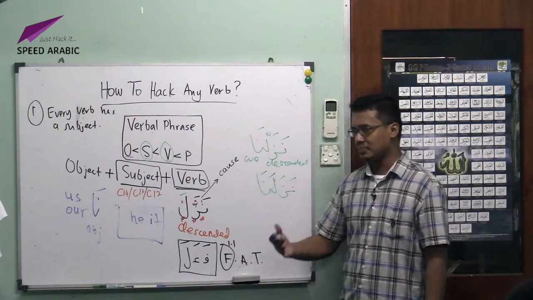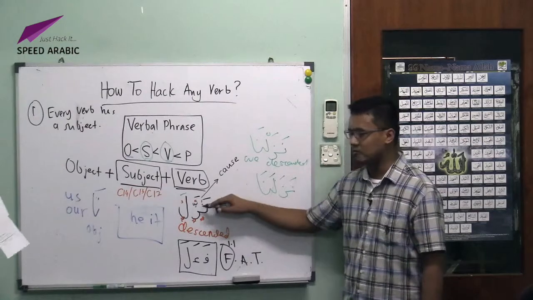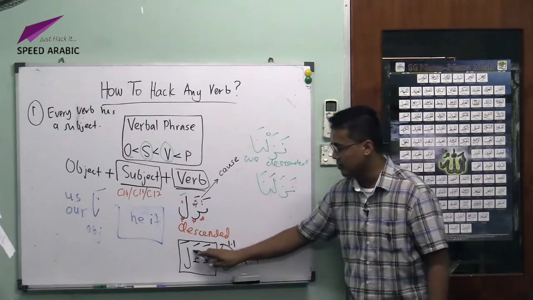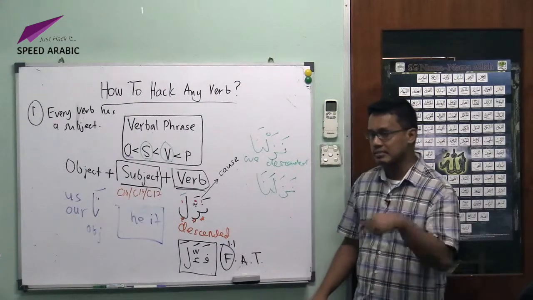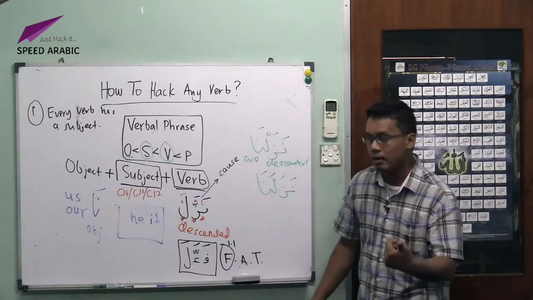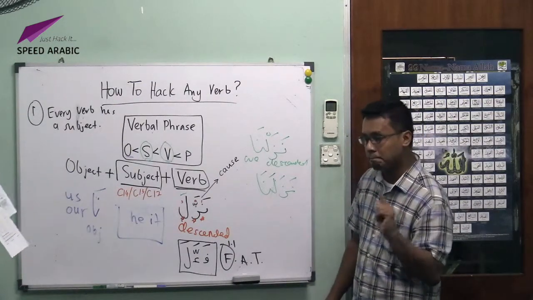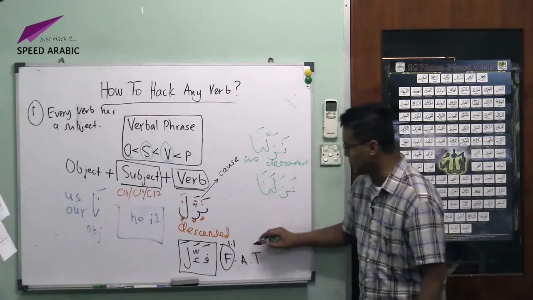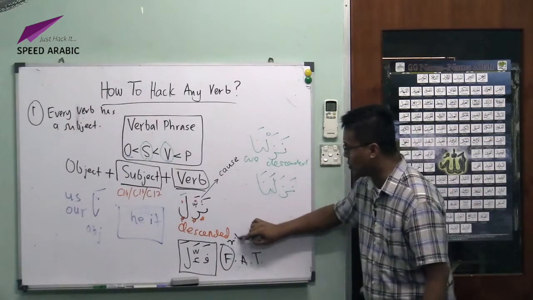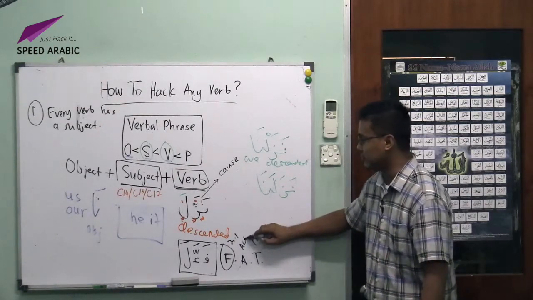Okay, now let's backtrack. Nazzala, the form of nazzala, it sounds like fa'ala. So fa'ala is form number 2. Form number 2, past or present? Past. So form number 2, 2.1, past, active or passive? Active.